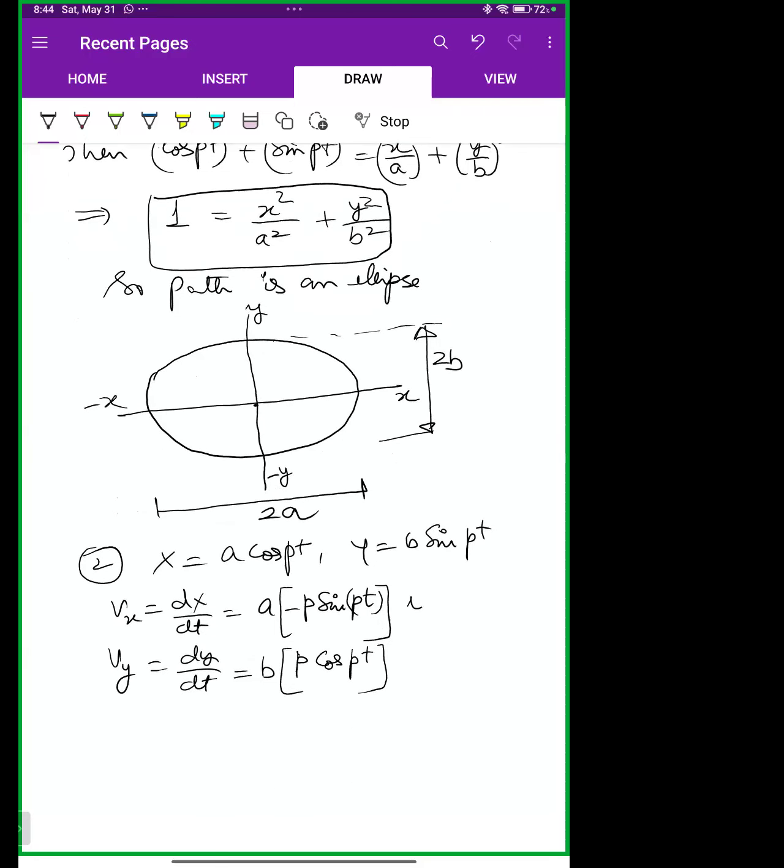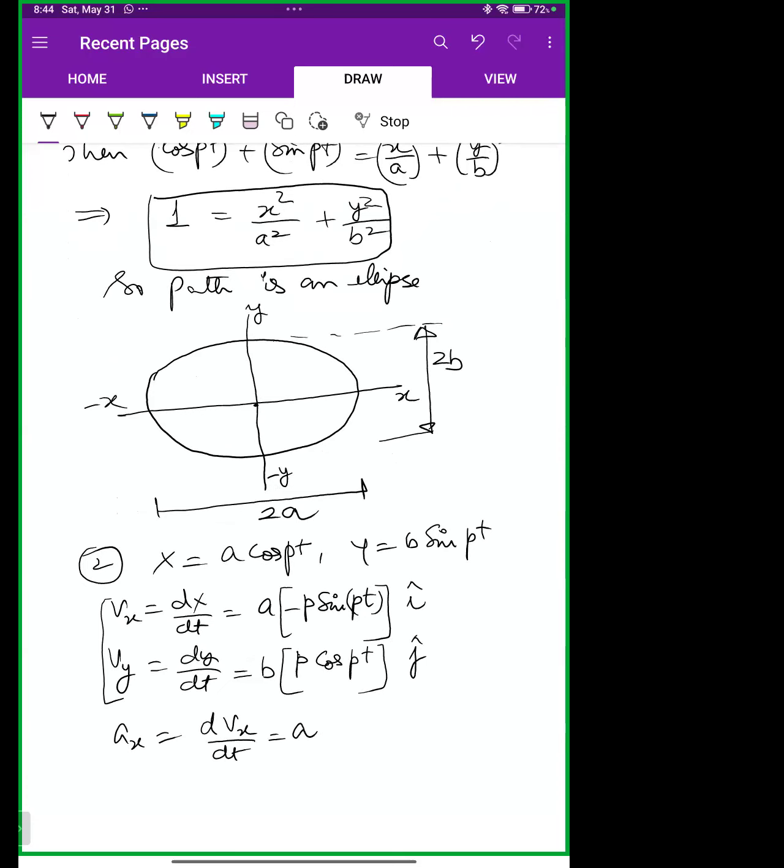And you also have this I cap and J cap, because Vx is in X direction and Vy is in Y direction. Okay. So these two are done. Then what is Ax? Ax is dVx by dt. And that is again differentiating this.